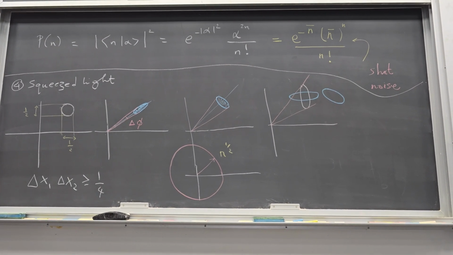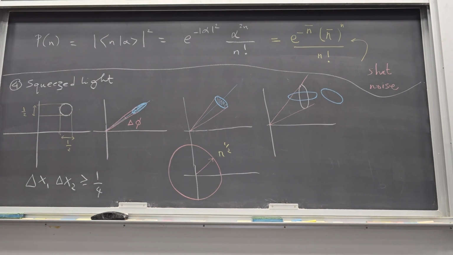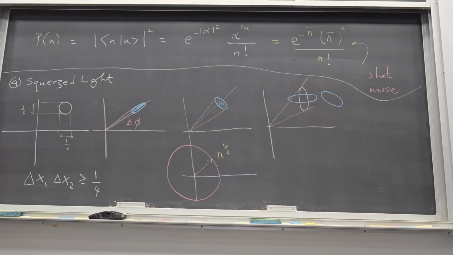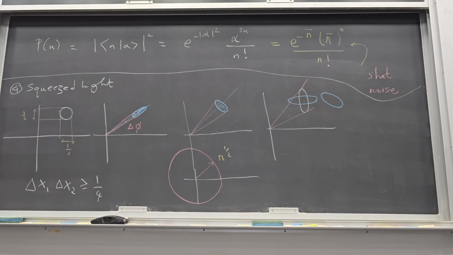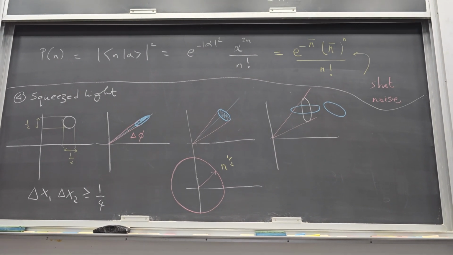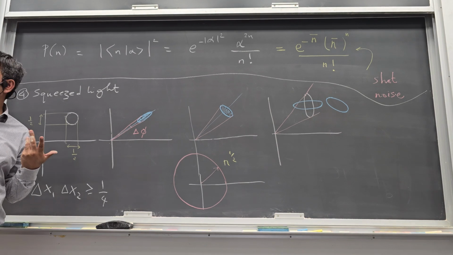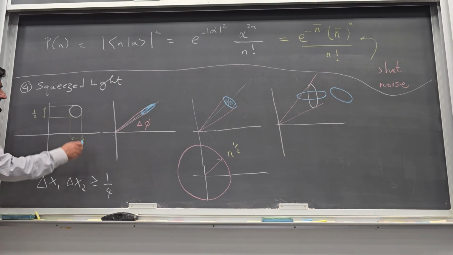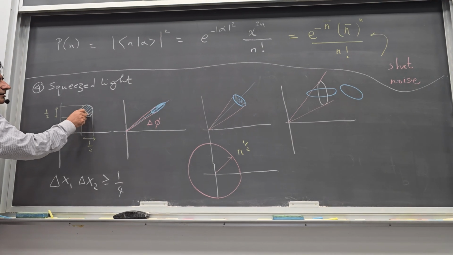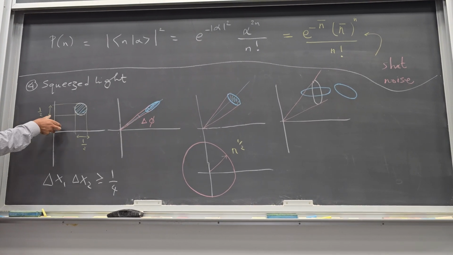Now let's talk a little bit about electric fields themselves. I would like to talk a little bit about the vacuum state. So this state over here, the coherent state, is a nice circle. This circle could be anywhere.